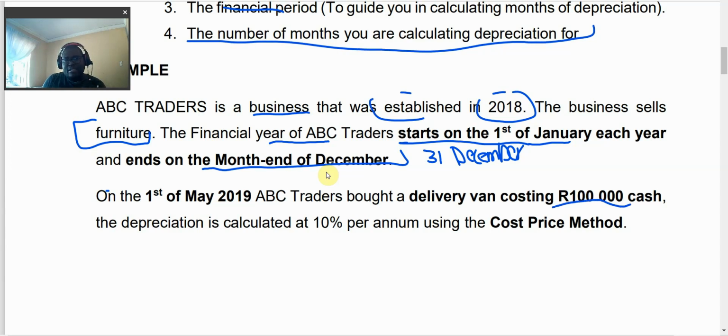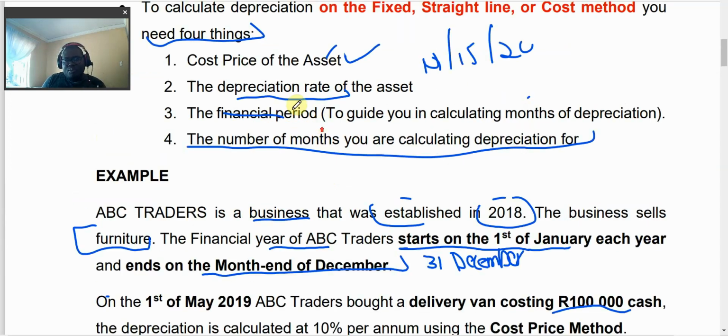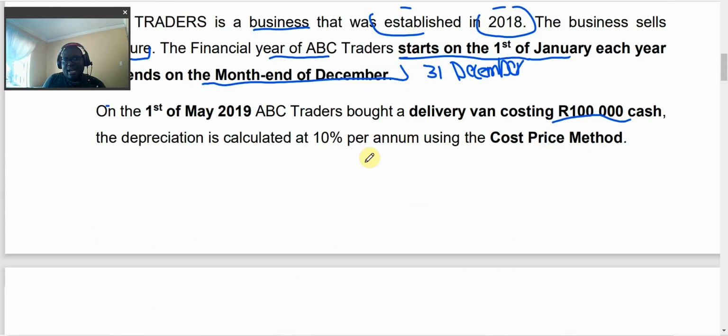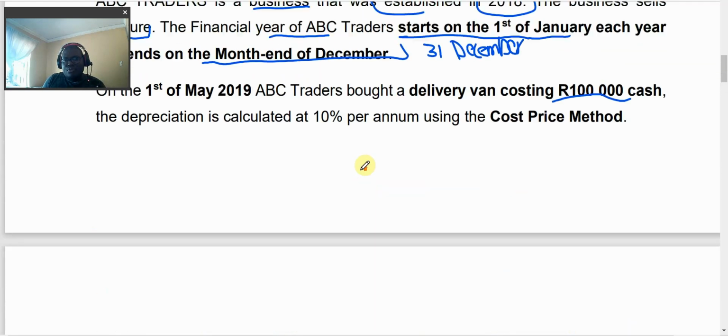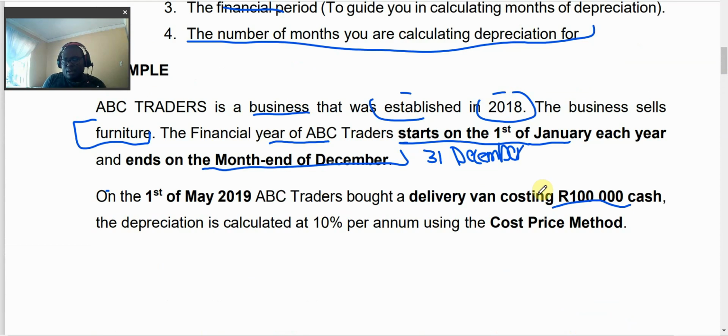Remember, when we were identifying those elements, I spoke about the cost price of an asset. So for now, you know that this 100,000 is the cost price. And then they're saying this delivery van that they bought is depreciated.